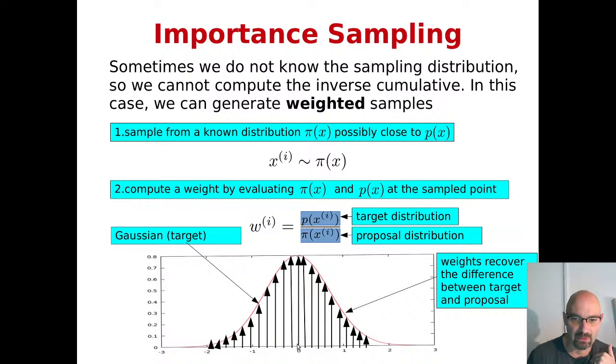We would draw samples more often in the middle, in the mean, and less often on the tails, according to what we want to have. But this is exactly what I want from the location of my samples. I want to have more where this distribution is high. But then to each of these samples I will have to assign a weight that is proportional to the ratio of the value of the target distribution divided by the value of the proposal distribution in the point.